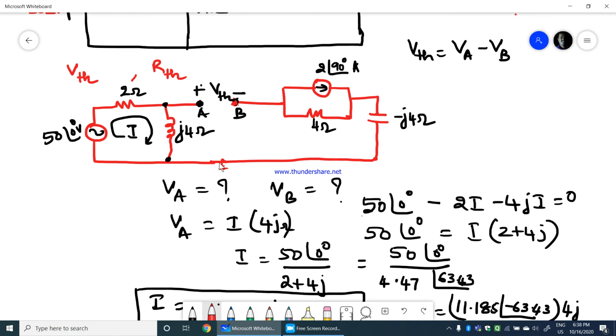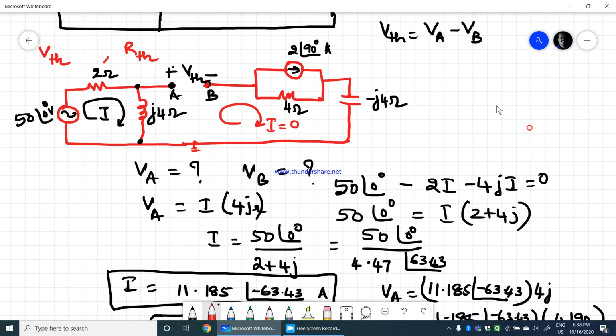If you look at this properly, you will find the solution. The current in this loop is what we need to know. To find VB, the current in this loop, I, equals 0.